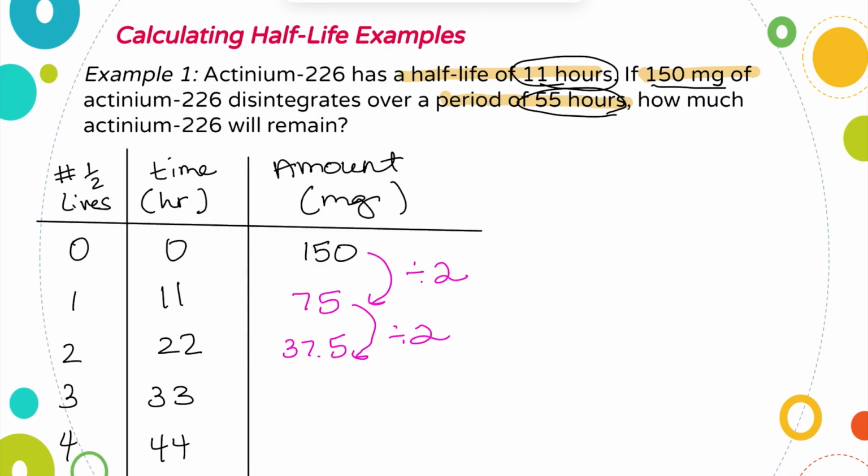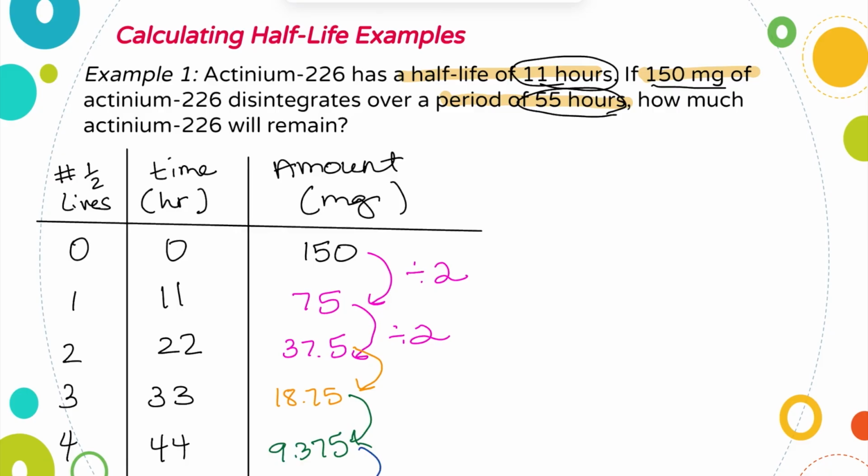Another half-life, to get those 3 half-lives, divide that by 2, we have 18.75. Another half-life, divide by 2, I've got 9.375. And to get to that 5th half-life, 55 hours would have passed.